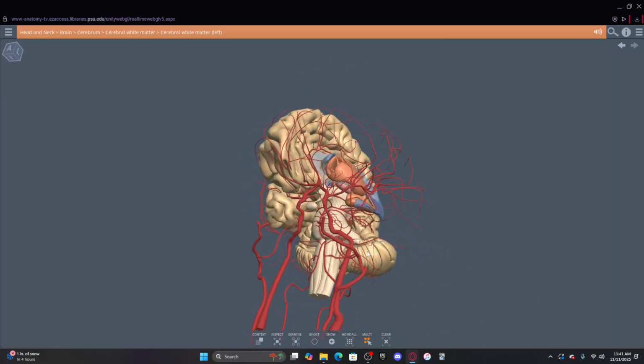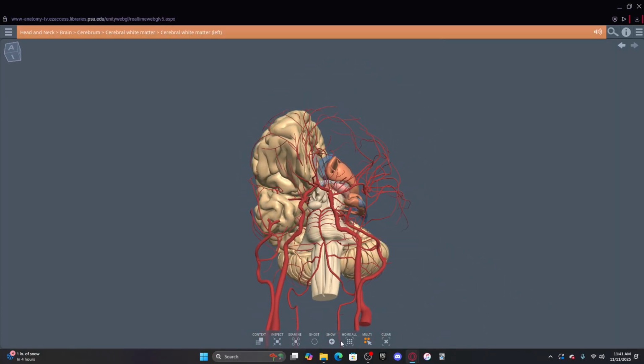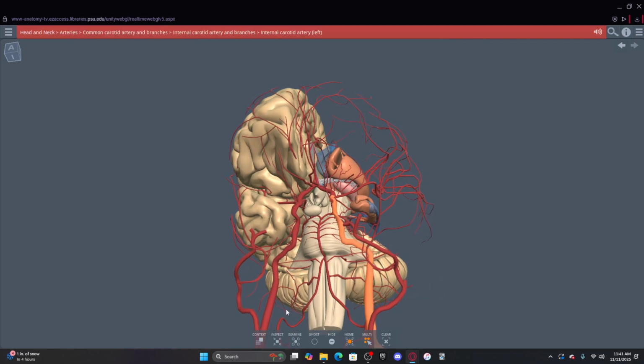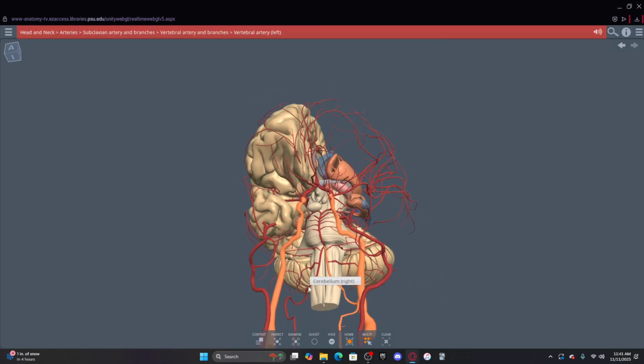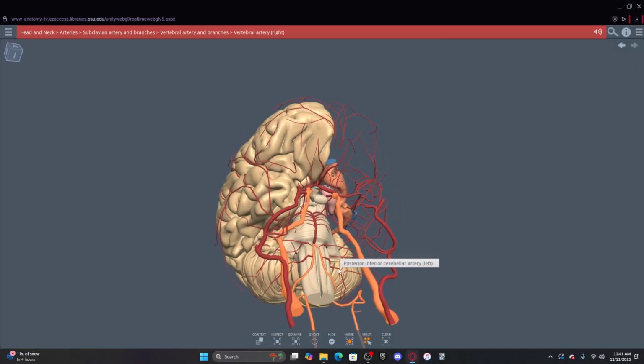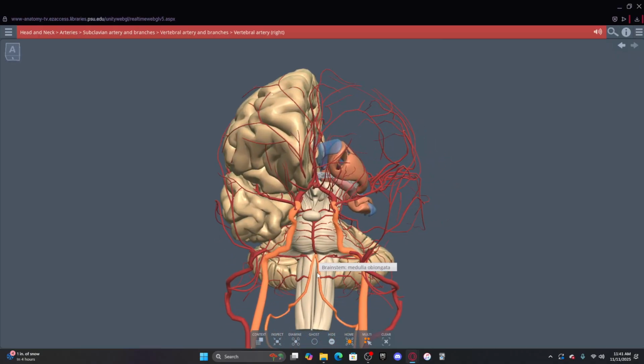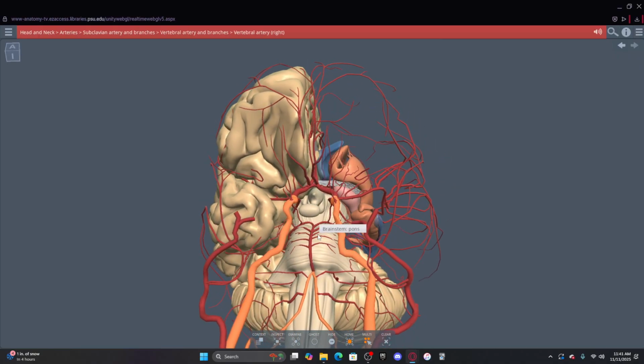So remember, I just want to highlight all the structures one more time, and then that'll be it. So internal carotid, vertebral artery, blood is coming in from these two structures. All right, we have our basilar, we have our right and left posterior cerebral, right?